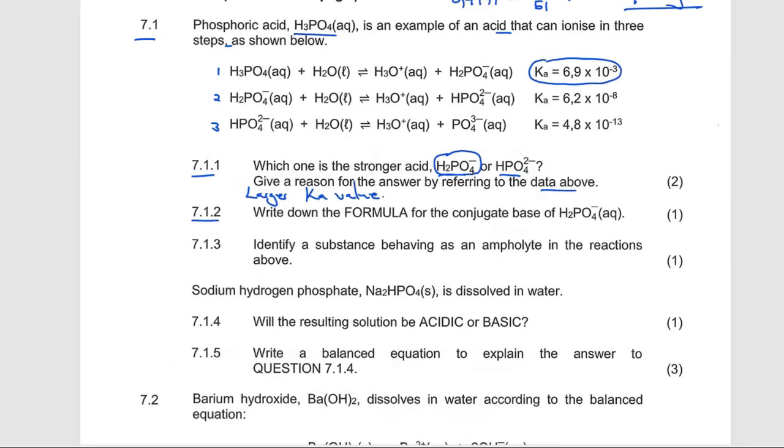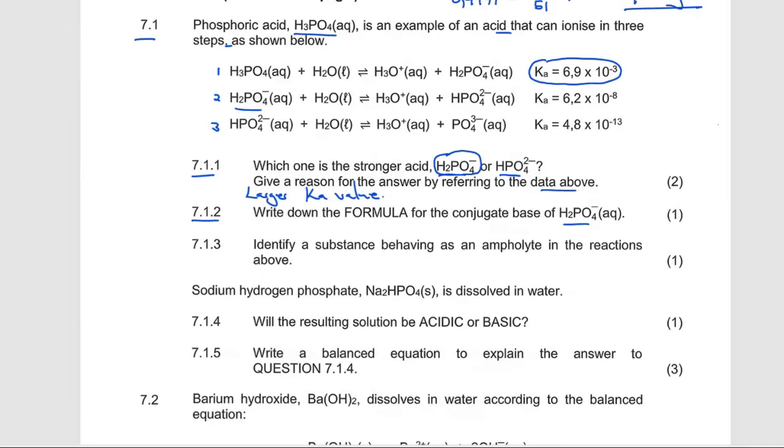Then 7.1.2 says, write down the formula of the conjugate base of H2PO4 negative.